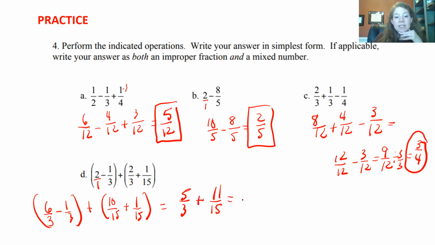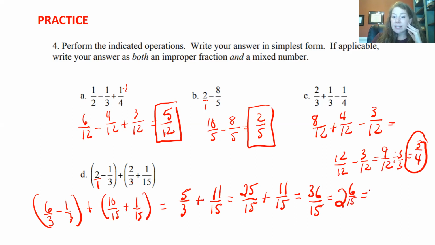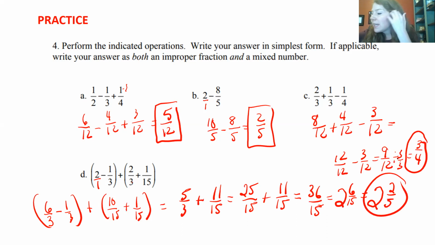And then we're going to use a denominator of 15. So 3 times 5 is 15. So 5 times 5 is 25. And now we finally add and we get 36/15. 15 will go into 36 twice with 6 left over. And then 6 and 15 are both divisible by 3, and we get 2 2/5.